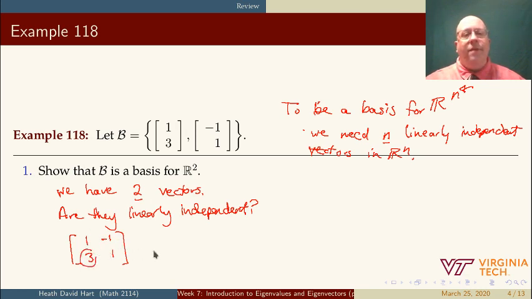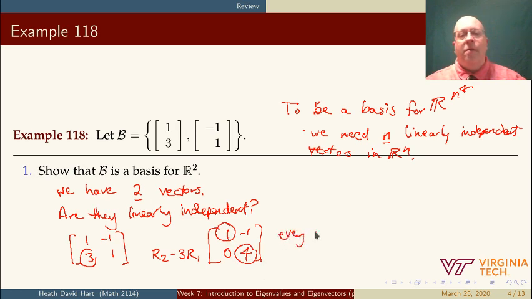So I will eliminate this 3 by using the step row 2 minus 3 row 1. 3 minus 3 gives me 0. 1 minus negative 3 gives me 4. And I have a leading entry in the top row and a leading entry in the bottom row. Every column has a leading entry. And so these vectors are linearly independent.